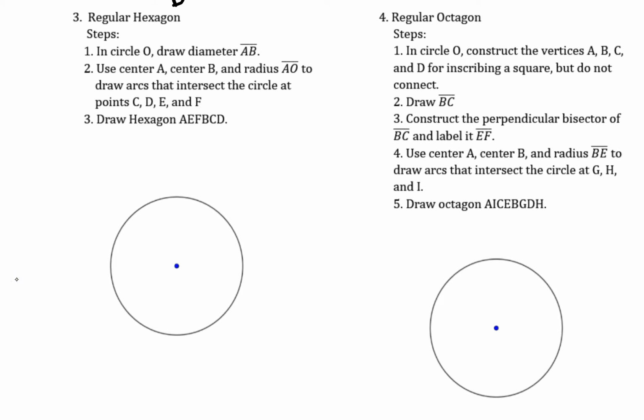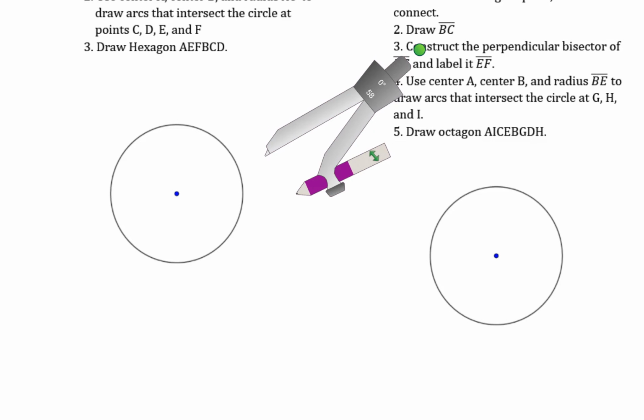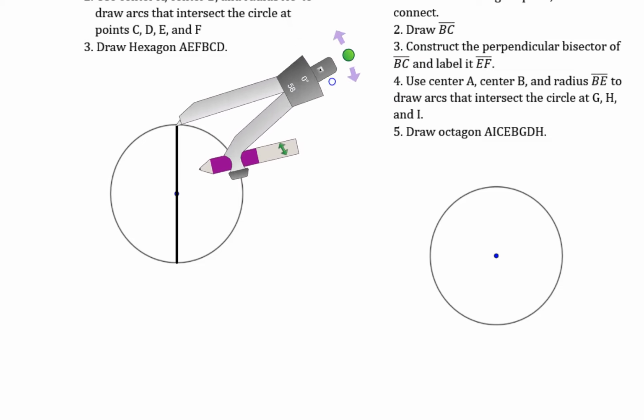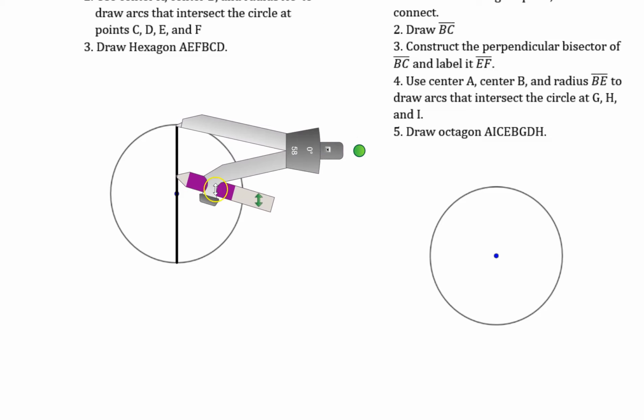Okay, a regular hexagon is related to an equilateral triangle. Start off by doing a diameter again. Okay, so from there I'm going to take my compass and put it right on the edge of that diameter, and I'm going to open my compass right to the center of that circle, just like with the equilateral triangle.